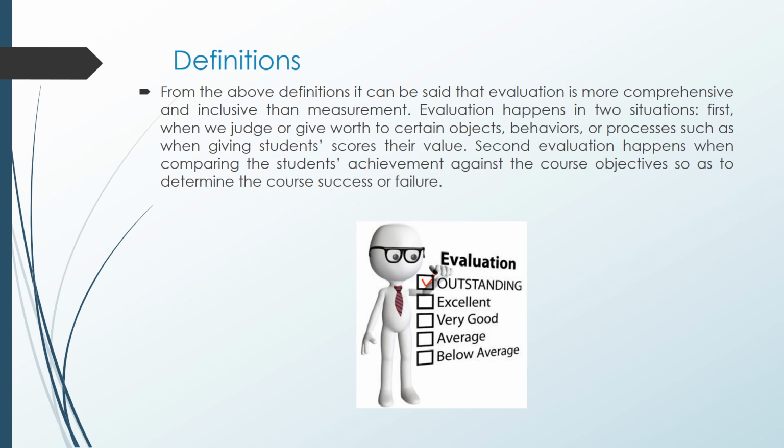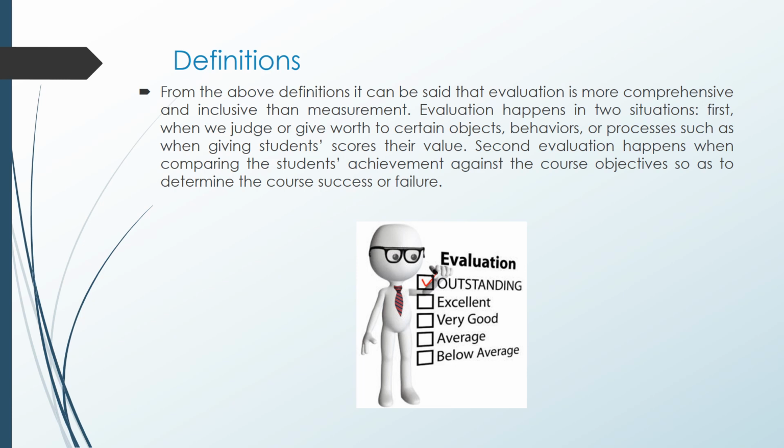When you make a test for your students and you give them scores, this means that you are testing their abilities, you are measuring their abilities. Is it clear? Through what? Through giving them scores. You tell them that the performance that you did today in this test is measured by this score. Is it clear? So these scores are going to be what? Meaningless unless they are given value.